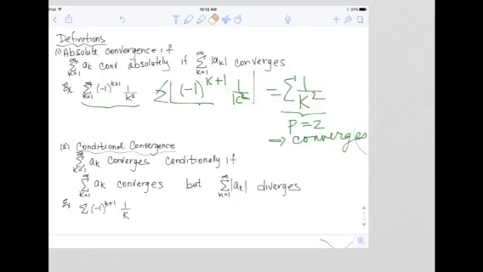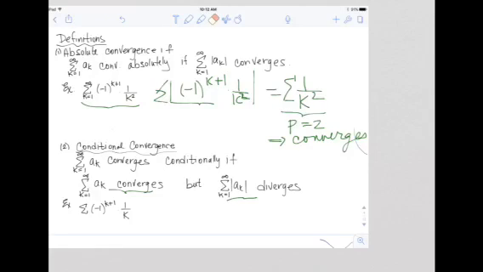On the other hand, the following series converges what's called conditionally. If a series converges when there are no absolute value bars, but diverges when there are absolute value bars, it's said to converge conditionally. So for example, the series 1 over k, we looked at that previously two examples ago.